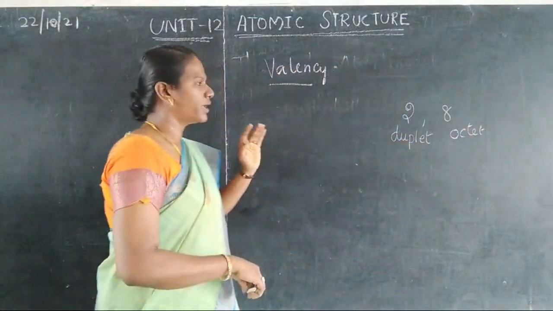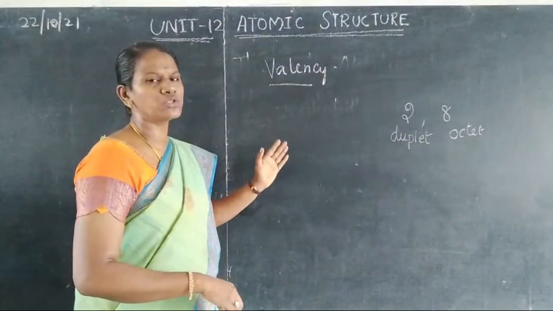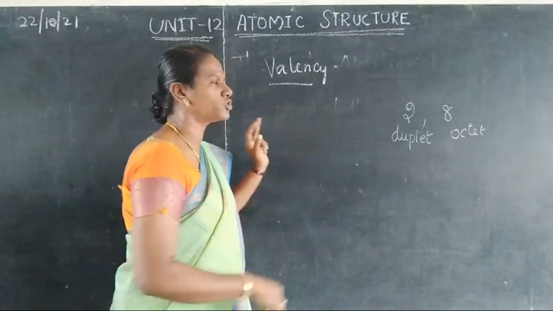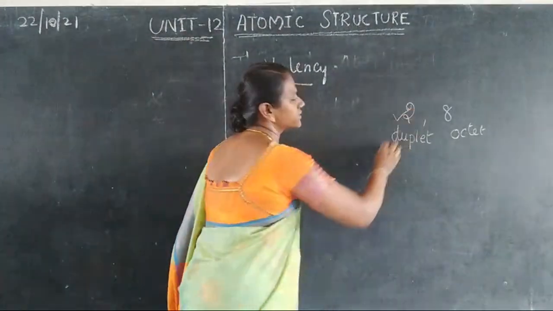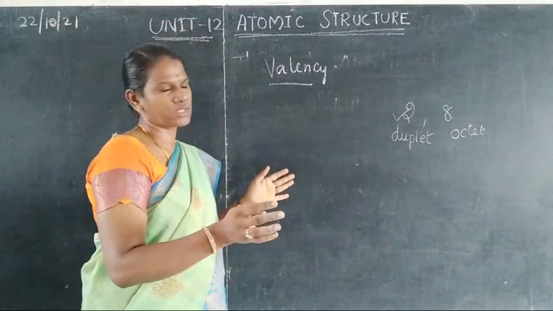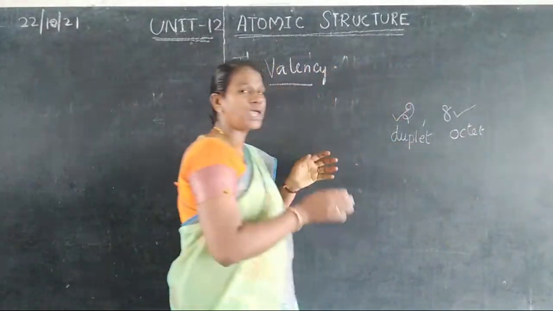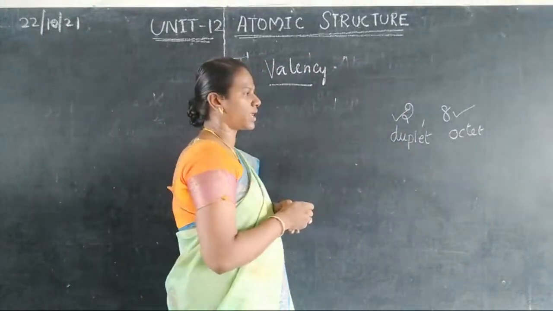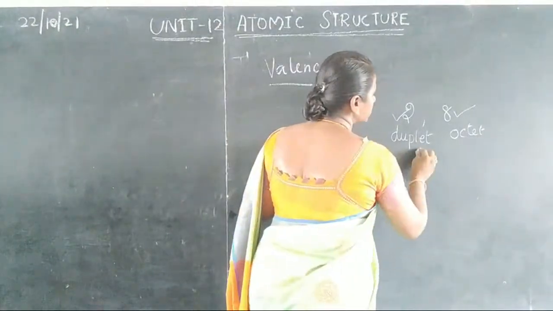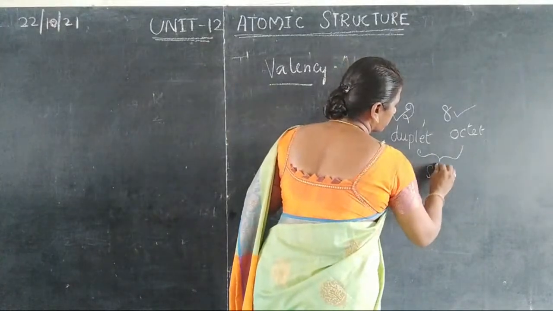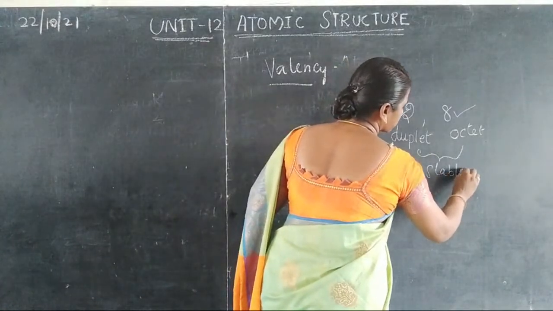If the outermost shell of an atom contains 2 electrons, that is considered a stable atom. And if an atom contains 8 electrons in its outermost shell, that atom is also called a stable atom.